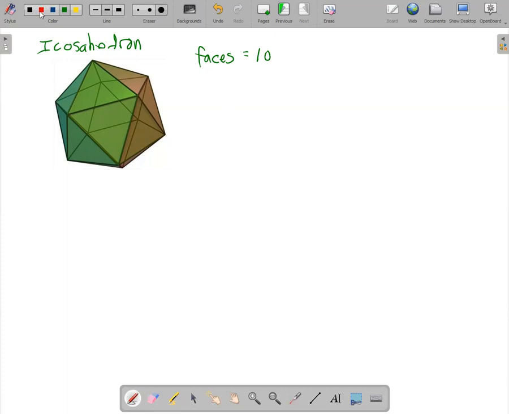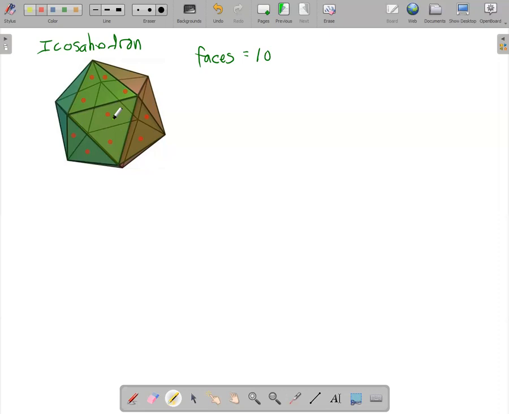So I'm going to make some red highlight dots for the ones that are see-through. All right, so in the background, there is this one here. So 1, 2, 3, 4, 5, 6, 7, 8, 9, 10.